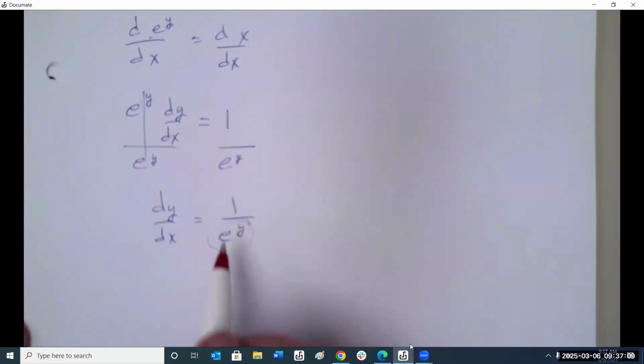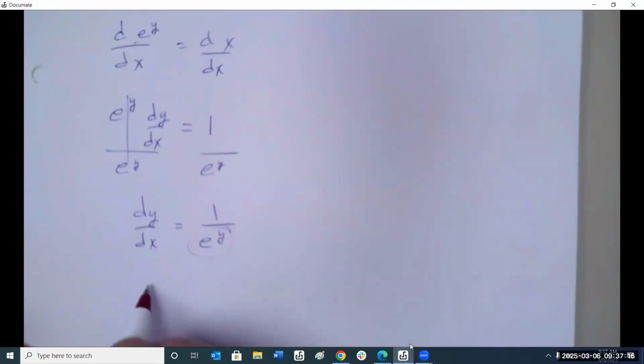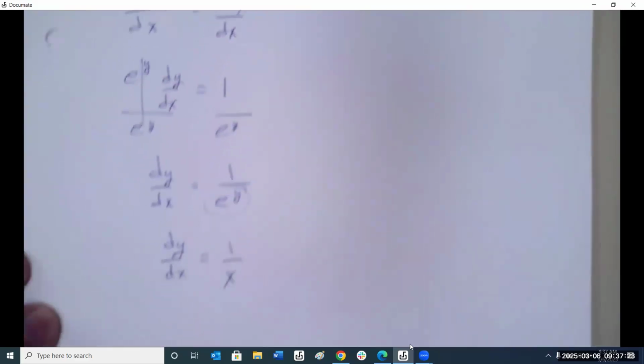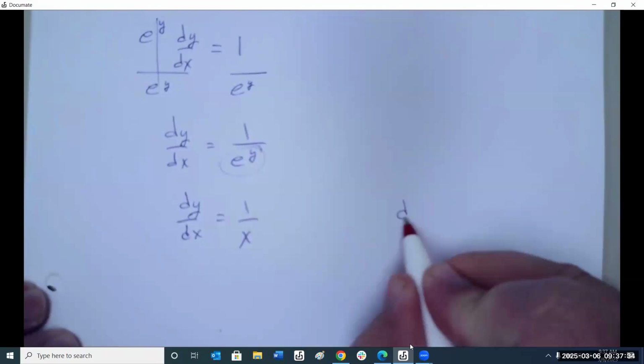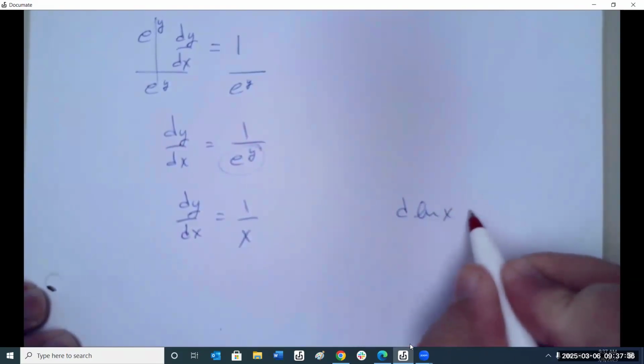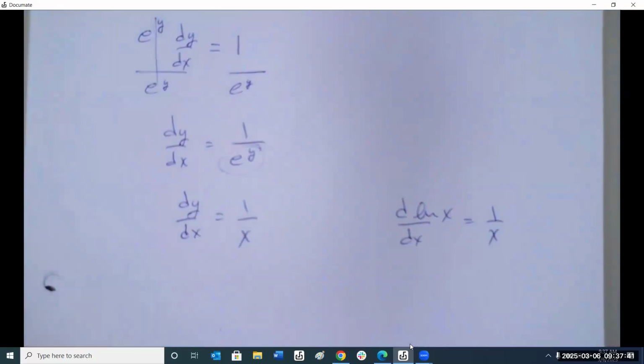What do we know e to the y equals? From step 3, e to the y equals x. So this equals 1 over x. So the derivative of ln x is equal to 1 over x.